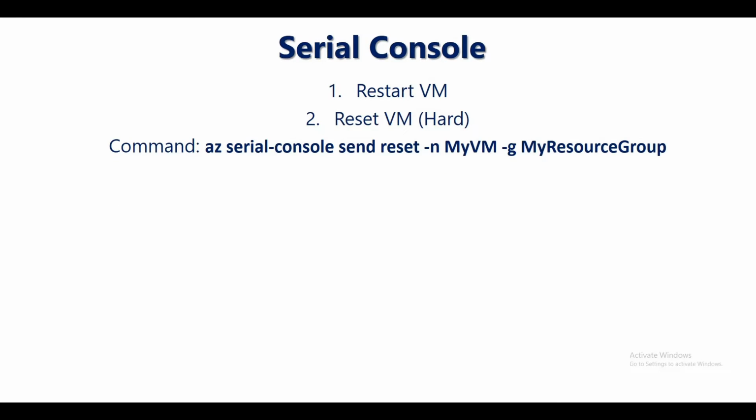So let's start. I am going to talk about the rebooting options that we have from our Azure portal. From the portal we can restart a VM or reset a VM in a few ways. From the serial console we can also restart or reset a VM.